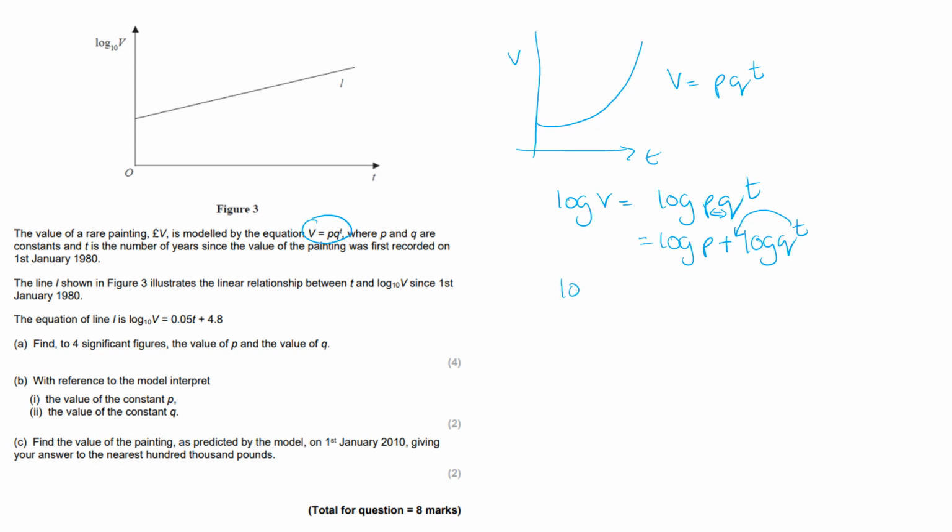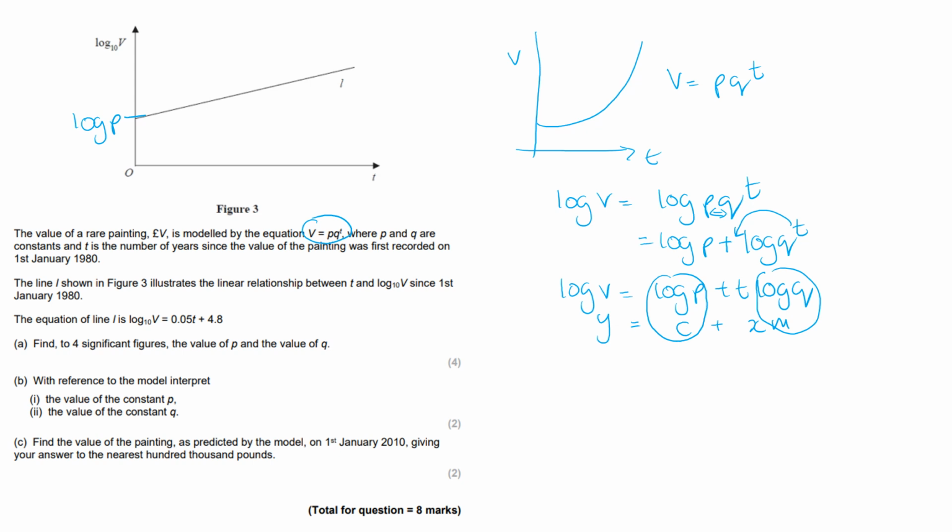So we've got log of V is equal to log of P plus T log of Q. And this is of the form y equals mx plus c, because V is in the y position, T is in the x position, so the y-axis intercept here is log of P, and the gradient is the log of Q.